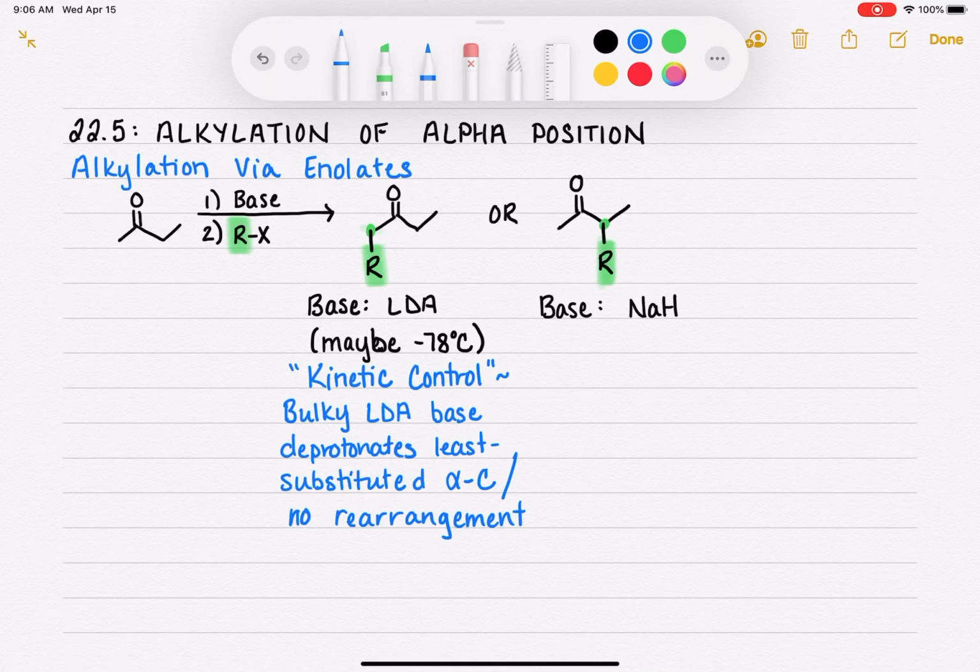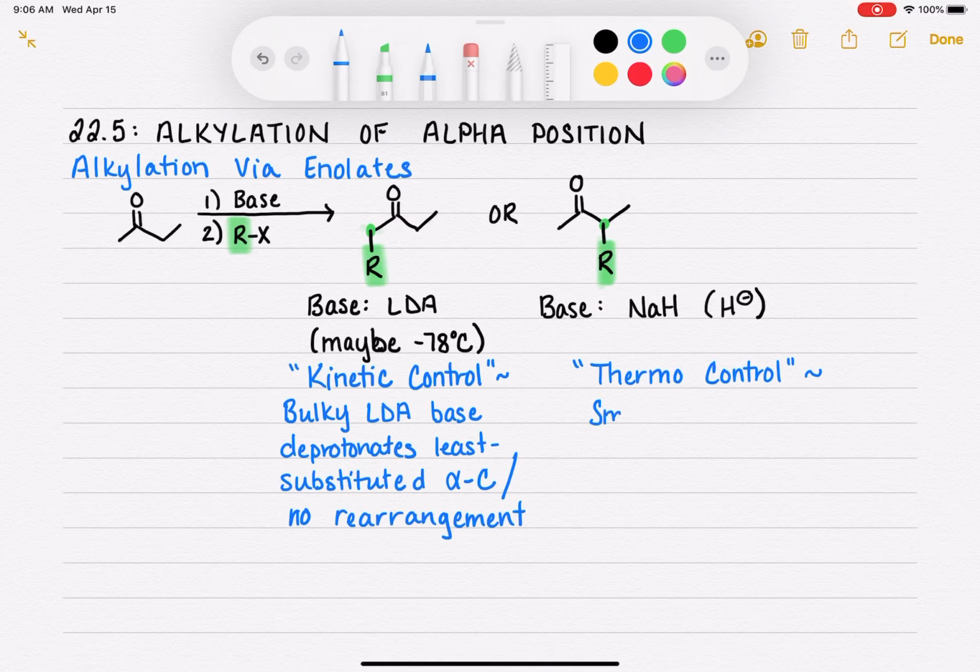When we're using the other base, sodium hydride, in this reaction, the actual base is just the hydride ion H-, which is tiny. And so this reaction, we say, is under thermodynamic control. And that means that we are allowing the reaction to produce the most stable intermediates and ultimately the most stable product.